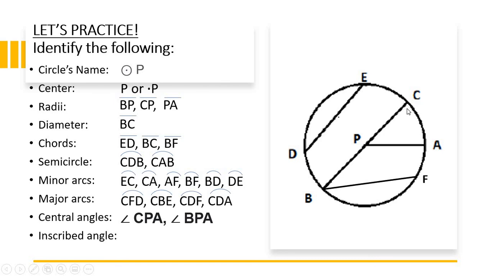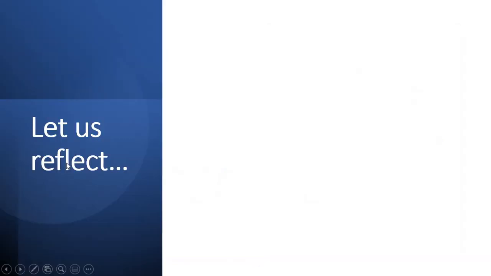Again, when we say inscribed angle, its vertex is on the circle and its sides are chords. Diba? So, for this one, the angle CBF is an inscribed angle. So, I hope malinaw na ang circle and the terms that are related to it.